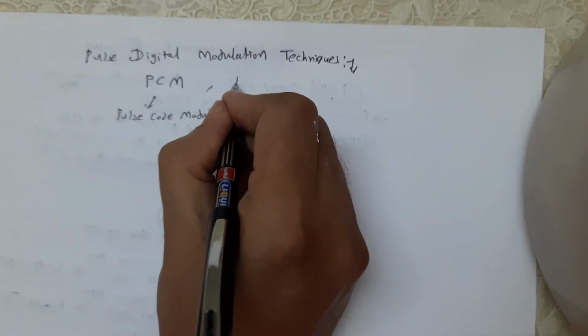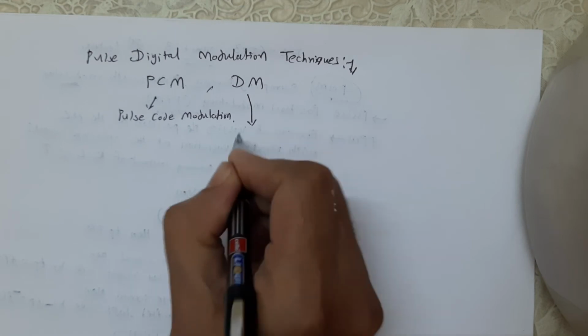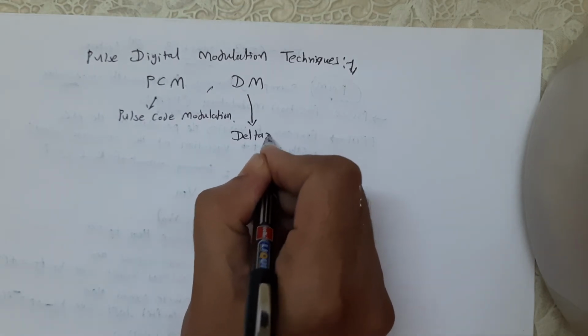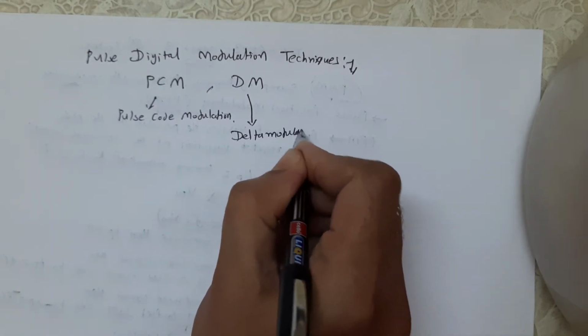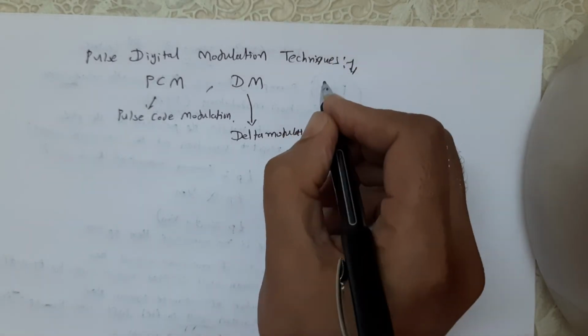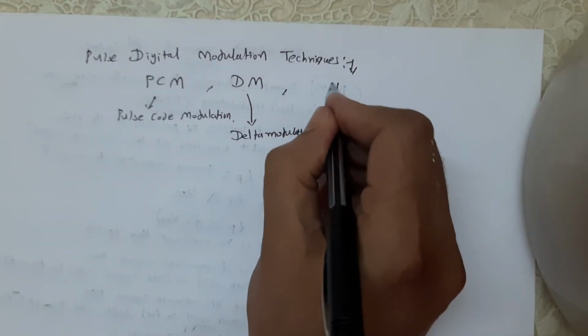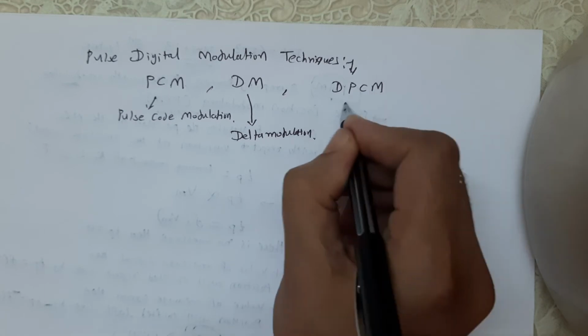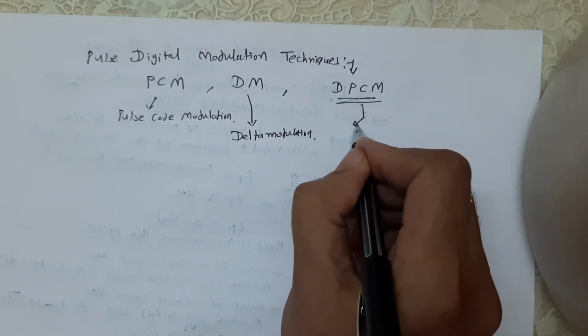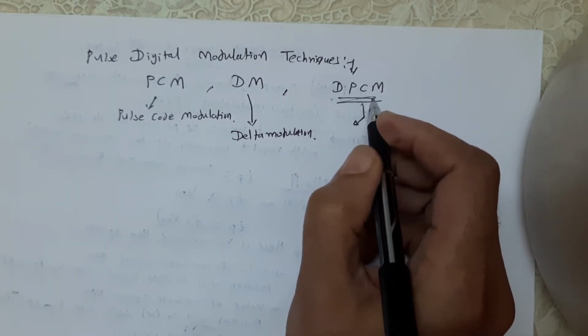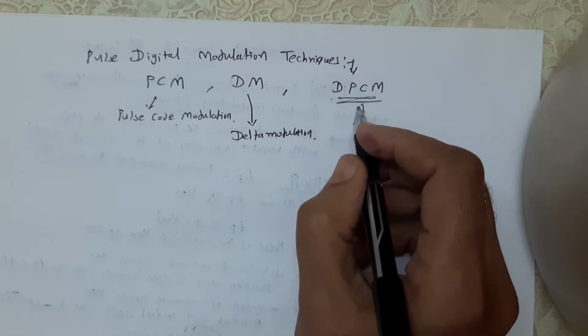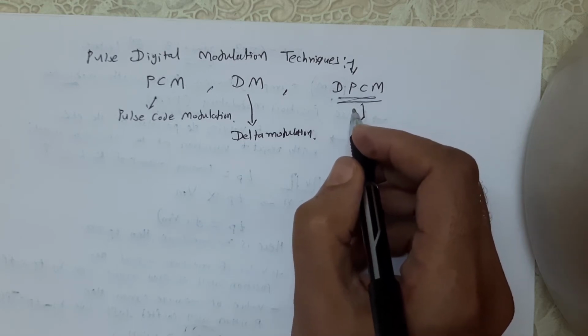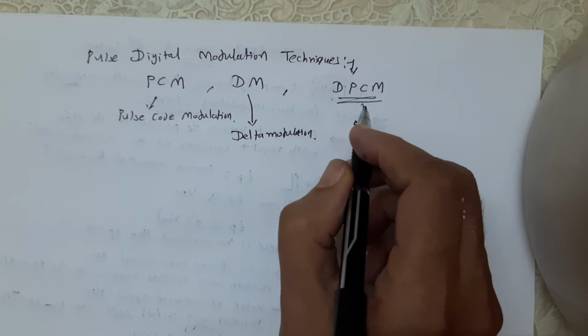DM, that means delta modulation, and DPCM. What is the meaning of DPCM?